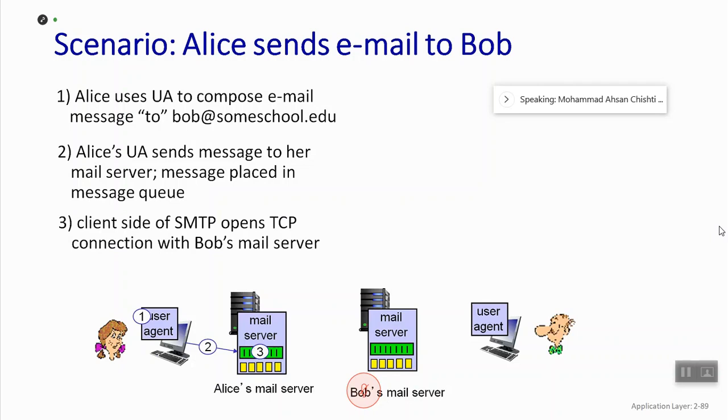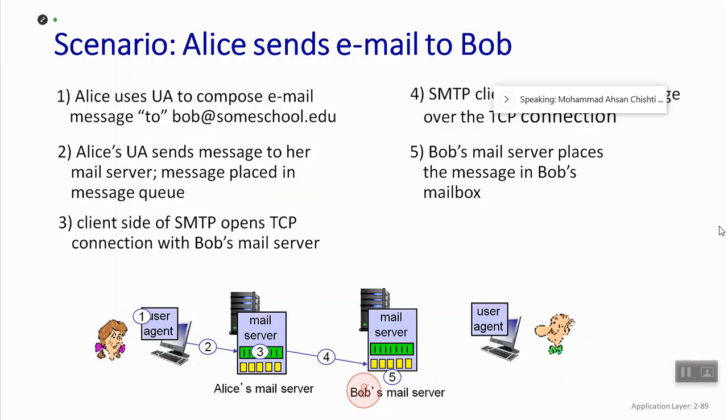Then the third step is the client side of SMTP opens a TCP connection with Bob's mail server. This is the step shown here. And then the SMTP client sends the message that Alice had written over this connection to Bob's server. Bob's server receives the email message and puts it in Bob's mailbox.